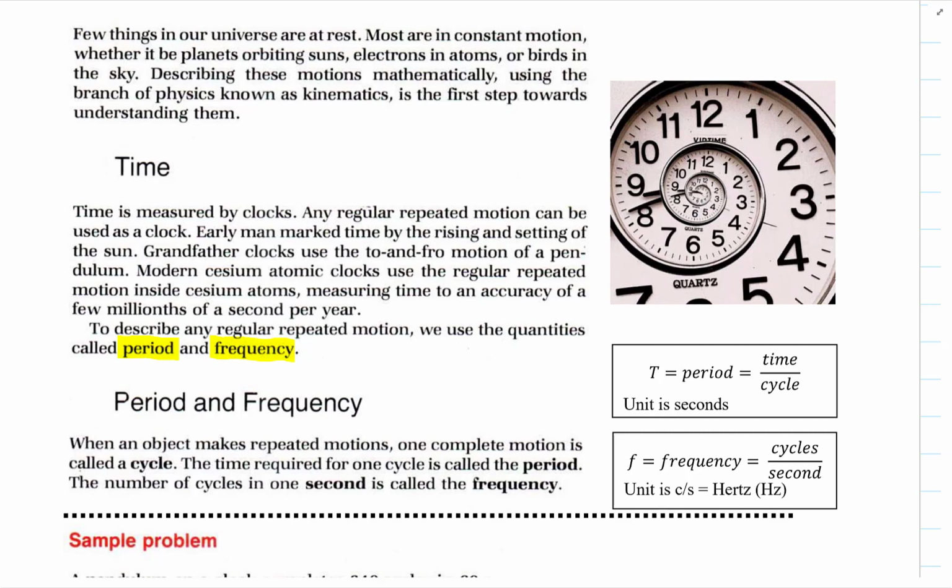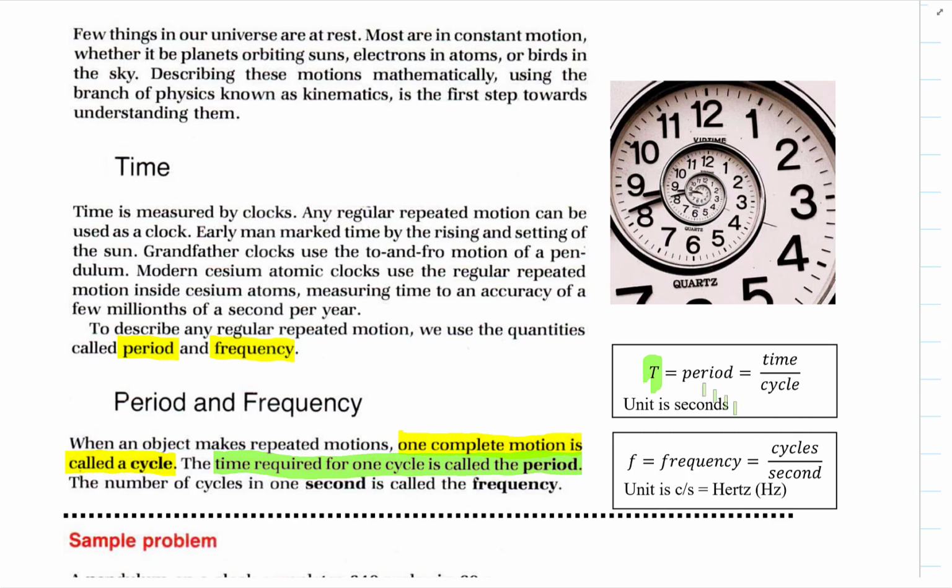When an object makes repeated motions, one complete motion, back and forth, is called a cycle. And the time required for one cycle is called the period.